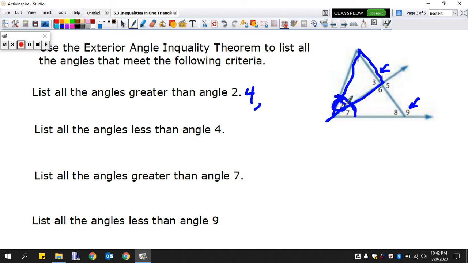So that means that 9 is bigger than 2, and 9 is also bigger than 7. And we know that 4 and 6 are vertical angles that have the same measure. So if 4 is bigger than angle 2, that means 6 is also bigger than angle 2.